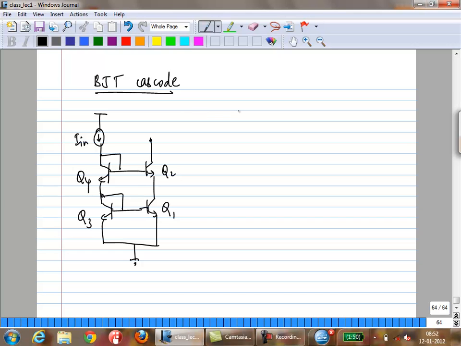This is very similar to the MOSFET cascode, right? You can show that the minimum voltage is nothing but VB3, delta VB will be almost 0, plus VC sat of 1. Okay?